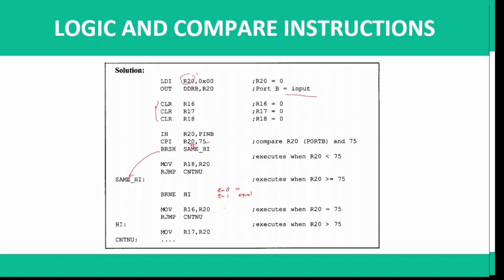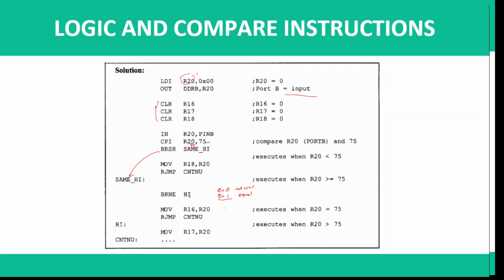And this one is not equal. So, pag compare niya, 75 or 75. R20 is 75. Then, ang atong input is 75. 75 minus 75 is 0. Meaning, our Z is equal to 1. Z is equal to 1. BRNE high.